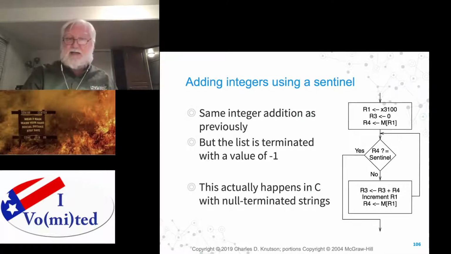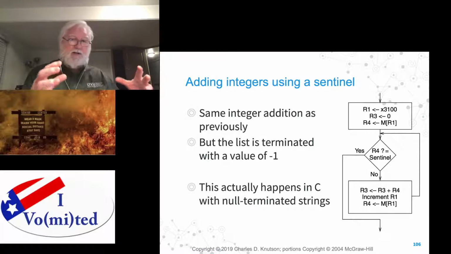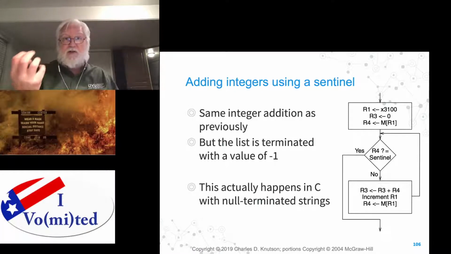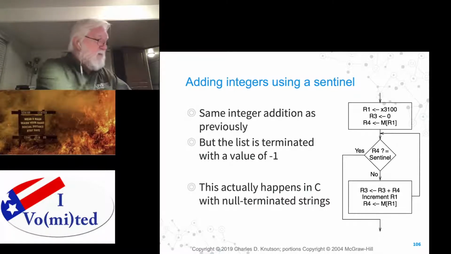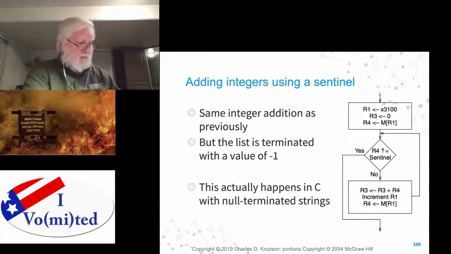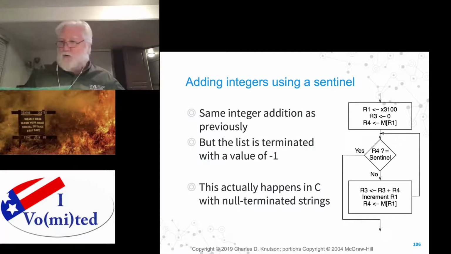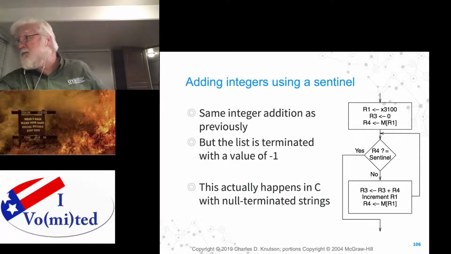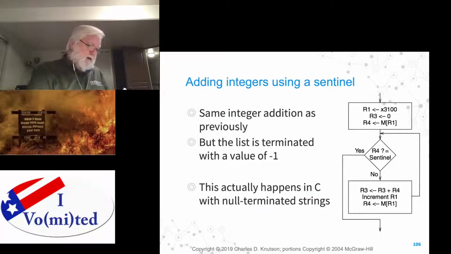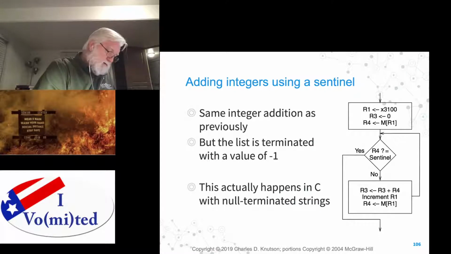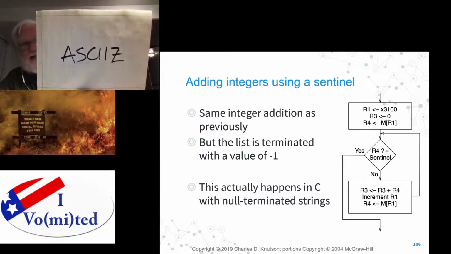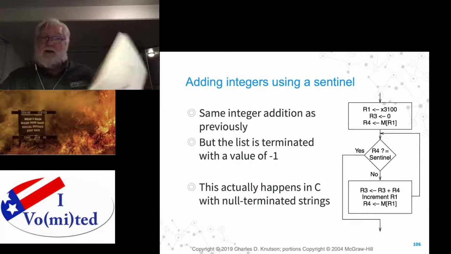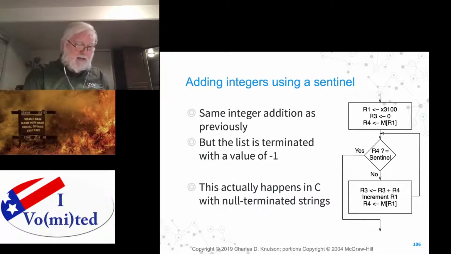If I have a string in C, we actually put a 0 at the end of a string, and we call it null terminated. We sometimes refer to it as ASCII Z. It's just a term you might see.